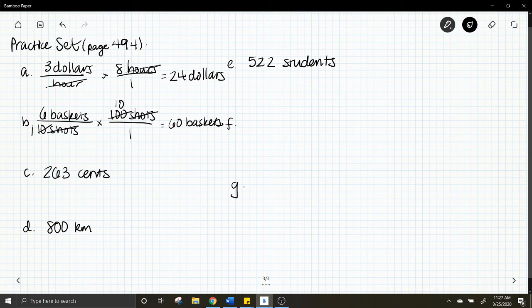So letter F is 230 centimeters. Letter G, 270 miles. All right, so that was the lesson, canceling units or canceling rates before multiplying.